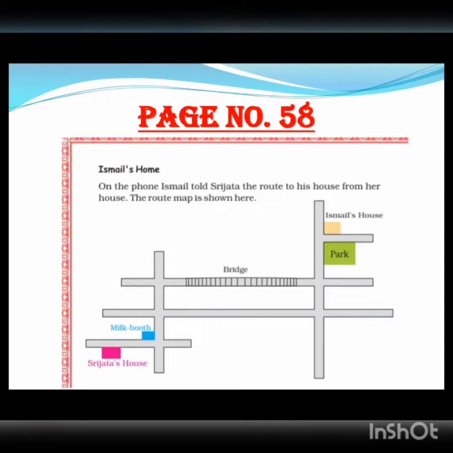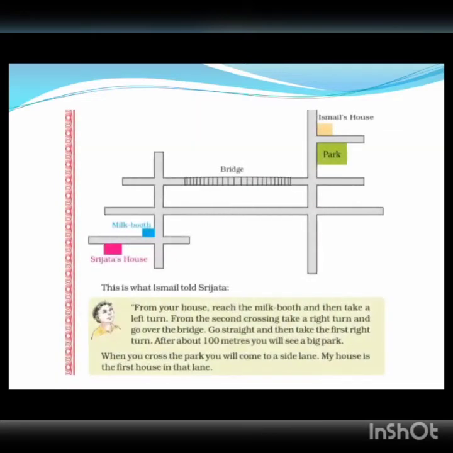The route map is shown here. This is what Ismail told Srijata. From your house, reach the milk booth like this and then take a left turn.